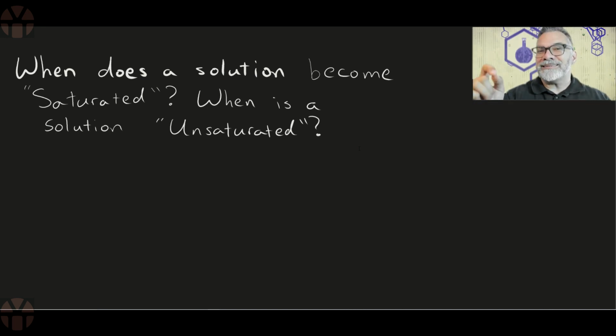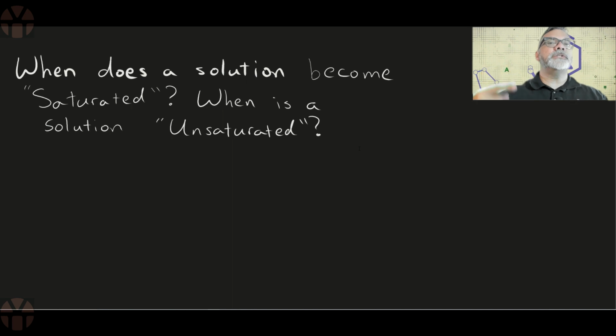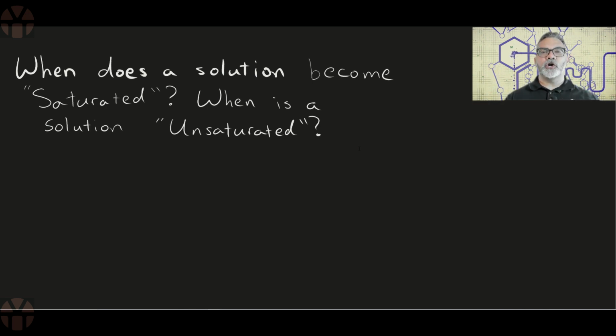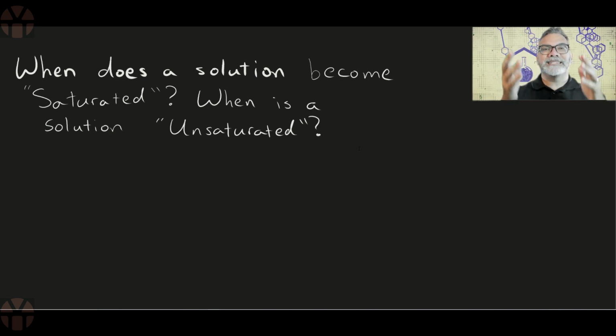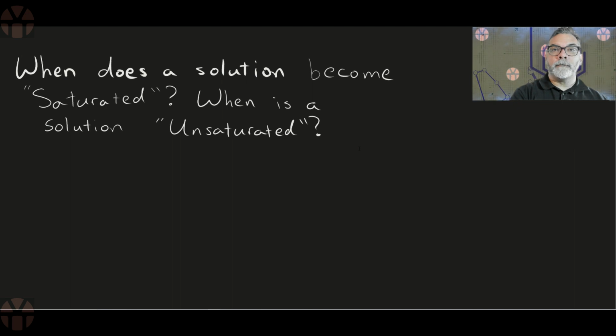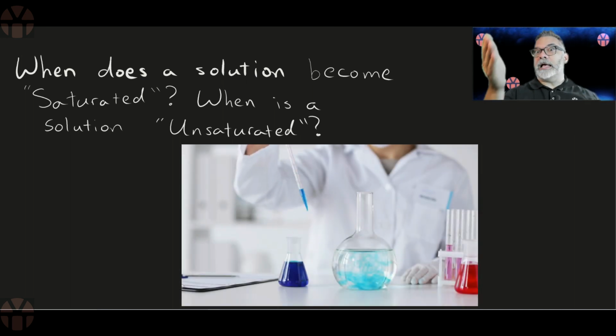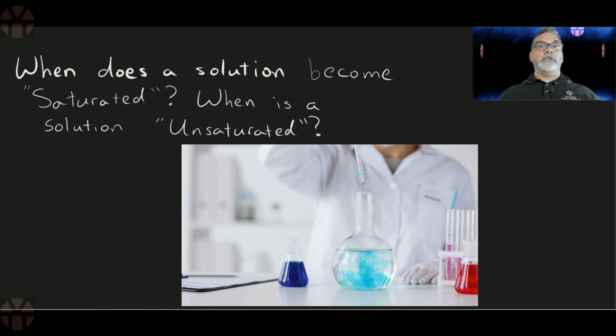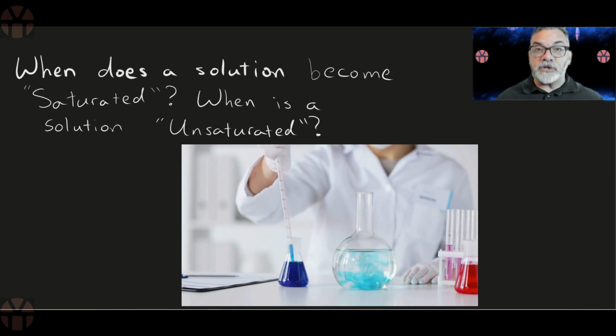My guess is that if you continue to add more and more sugar to that simple syrup, at a certain point the sugar will no longer dissolve in the water. The reason, as I'm sure you can already figure out, is that the solution has now become saturated.